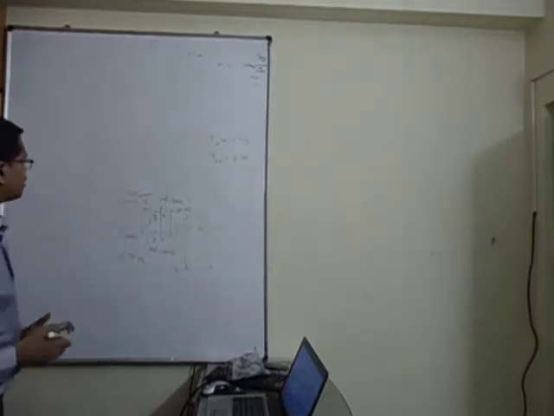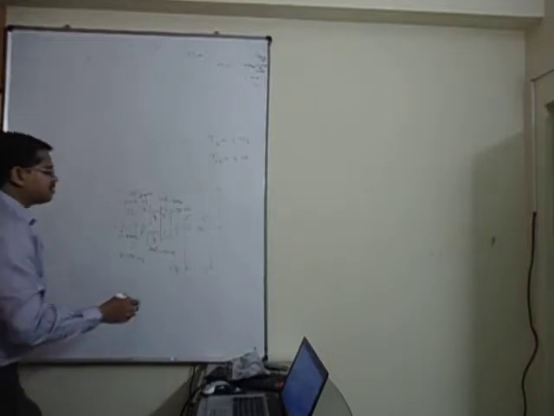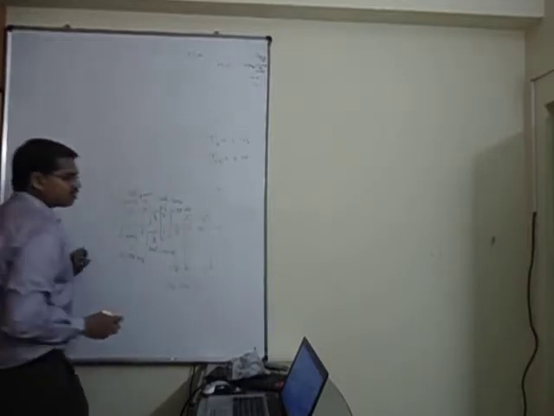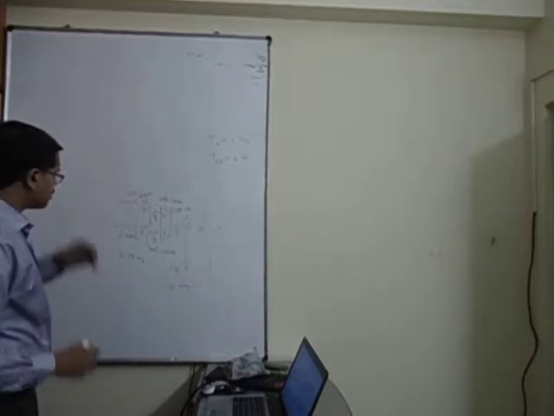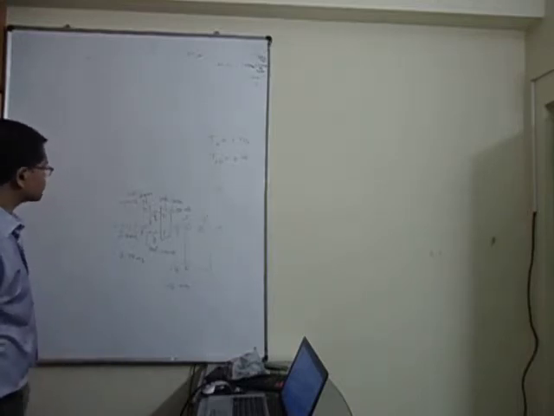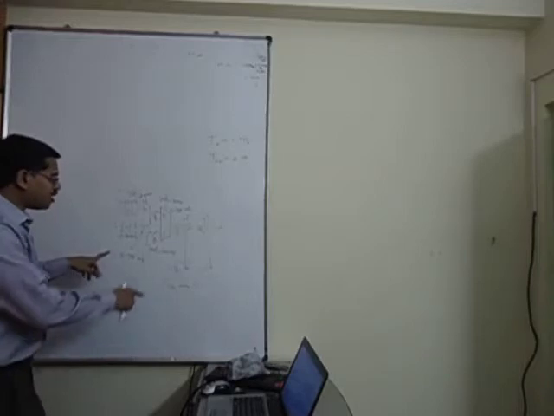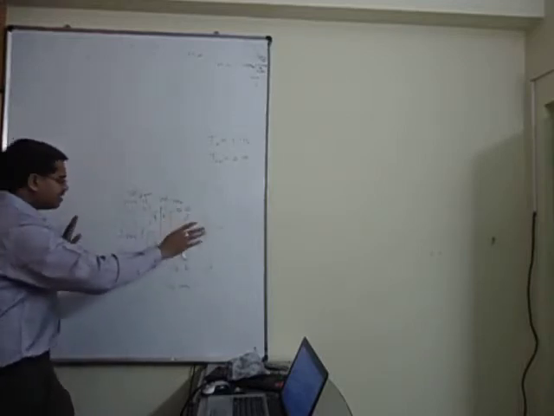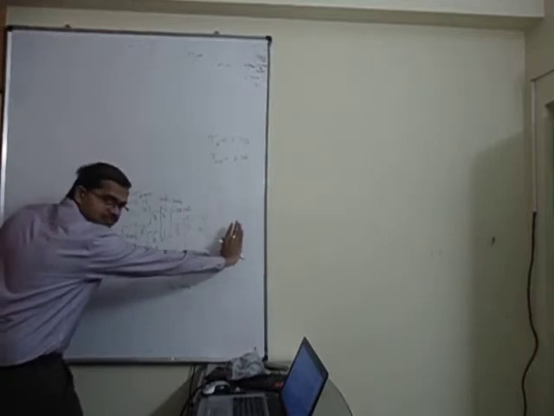Now tell me, what is the minimum TCLK? 2.75. Sorry? 3.75. So what did you do basically? In the earlier case, you had two registers.